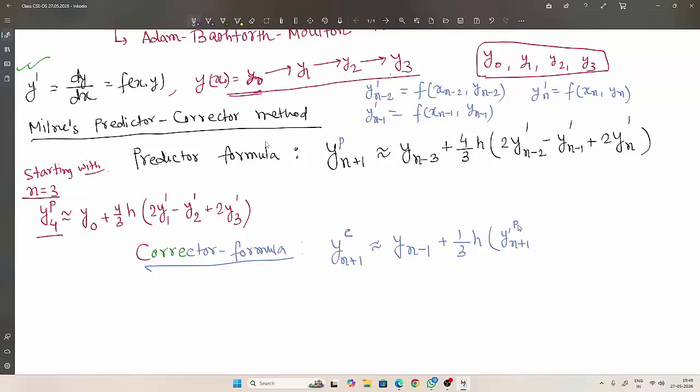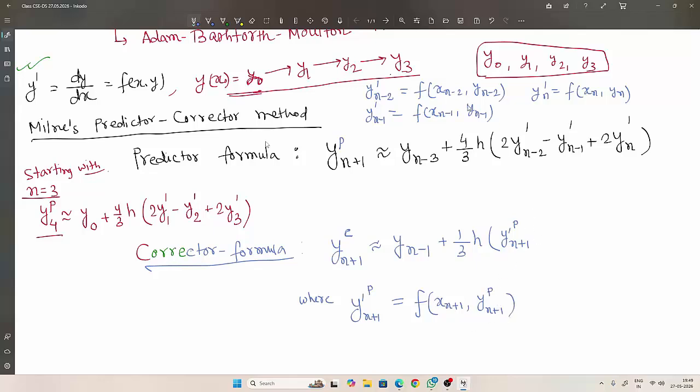What does it mean? That means at the predicted point, what is the value of yn plus 1 dash? So how will you calculate it? You have to calculate it as yn plus 1 prime predicted, which is f of xn plus 1 and yn plus 1 predicted value.